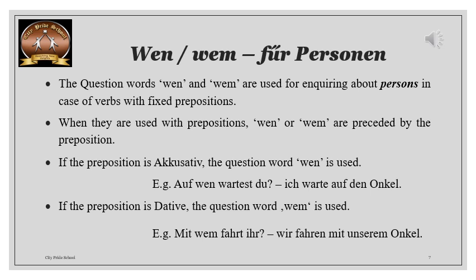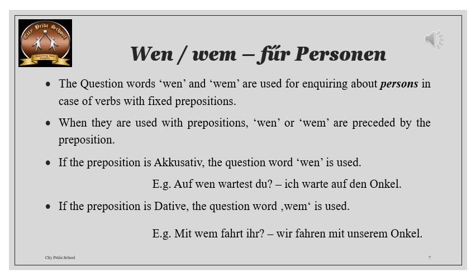Now, how to decide where to use wen and where to use wem? If the preposition is accusative, the question word wen is used. For example, auf wen wartest du? Ich warte auf den Onkel. I am waiting for the uncle, for my uncle.